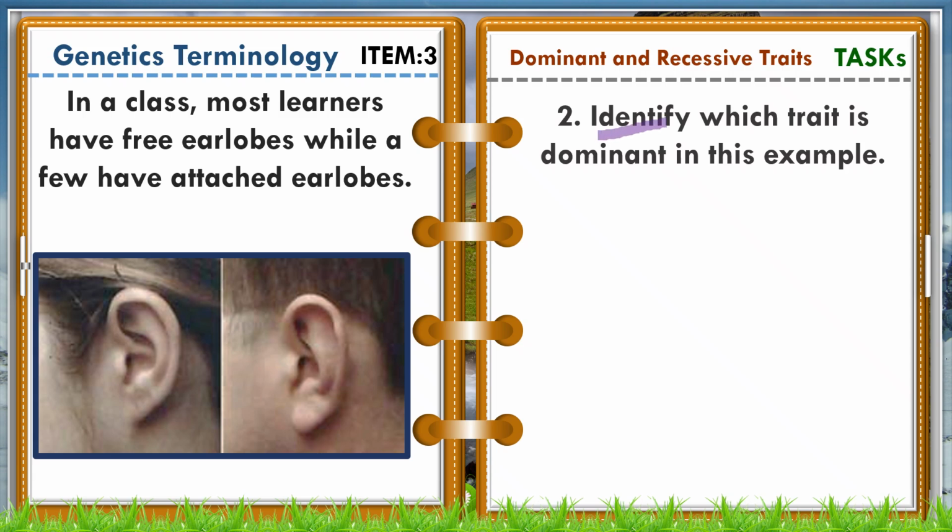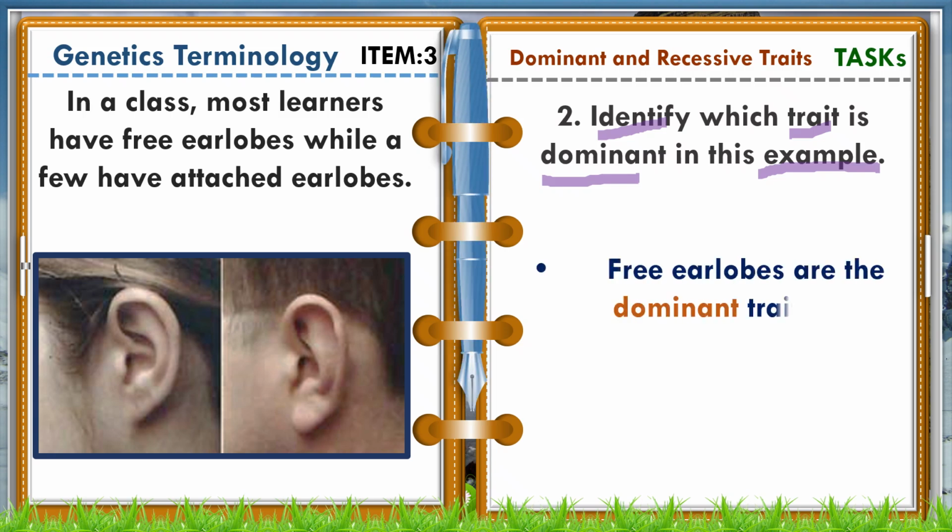Identify which trait is dominant in this example. The free earlobe is the dominant trait. This one here.